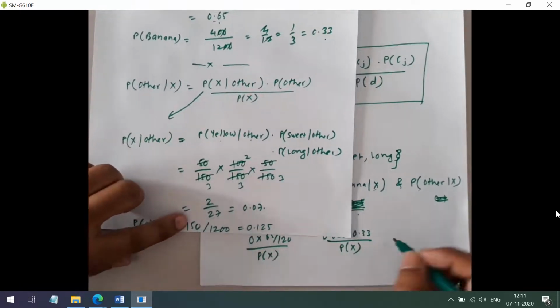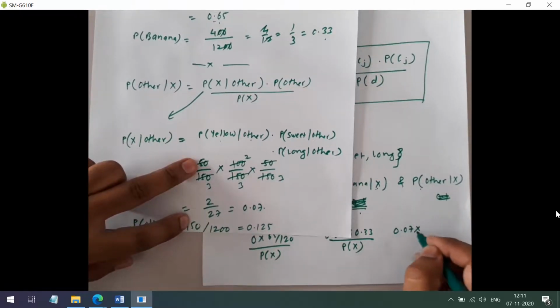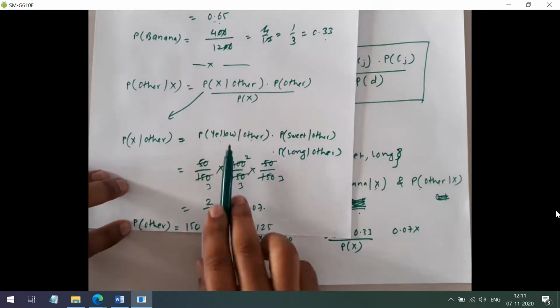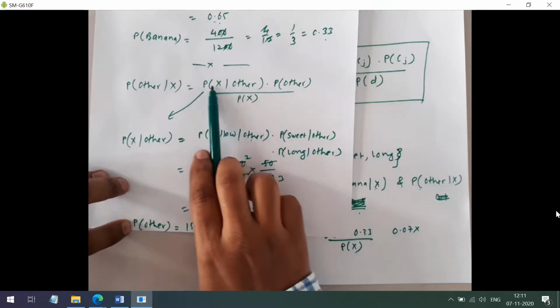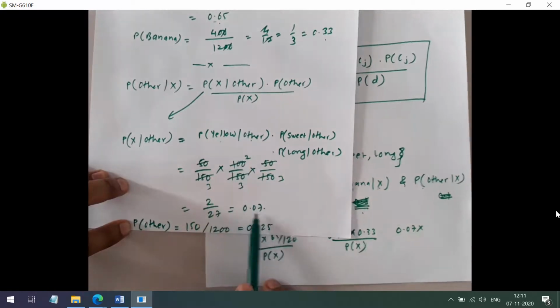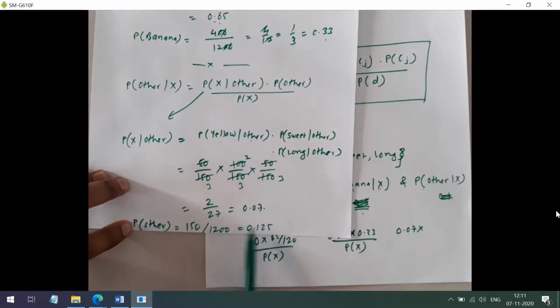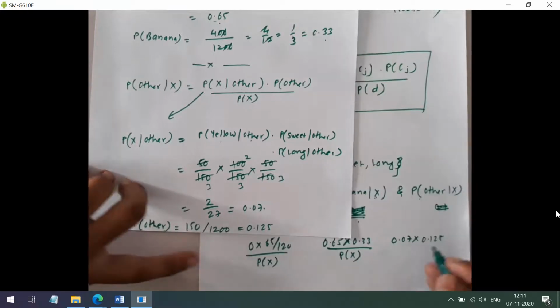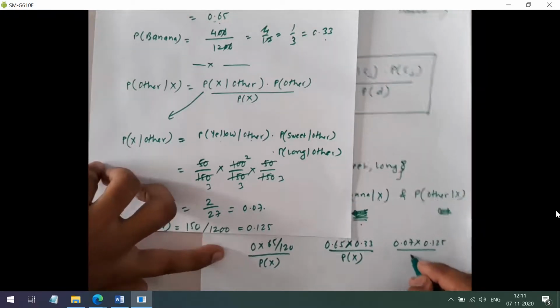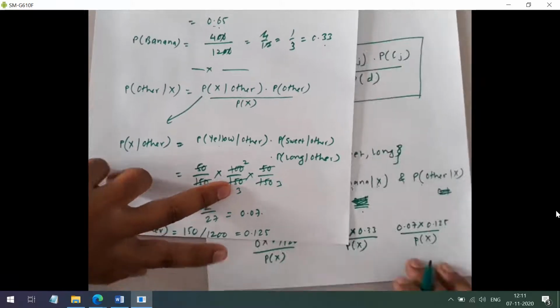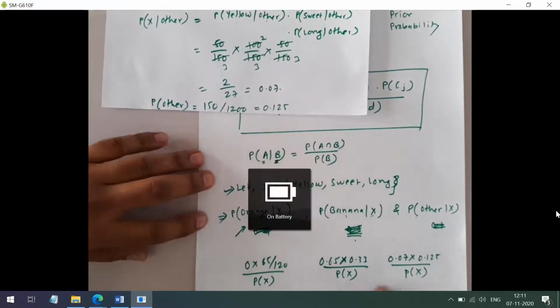Then the next one is probability of other given x, which we found here. So it is 0.07 into the probability of other, which is 0.125, divided by p of x. So these are the probabilities of the three classes.